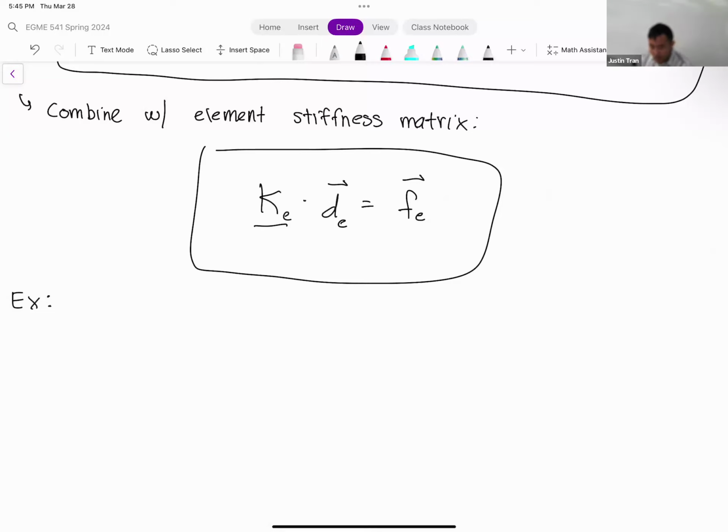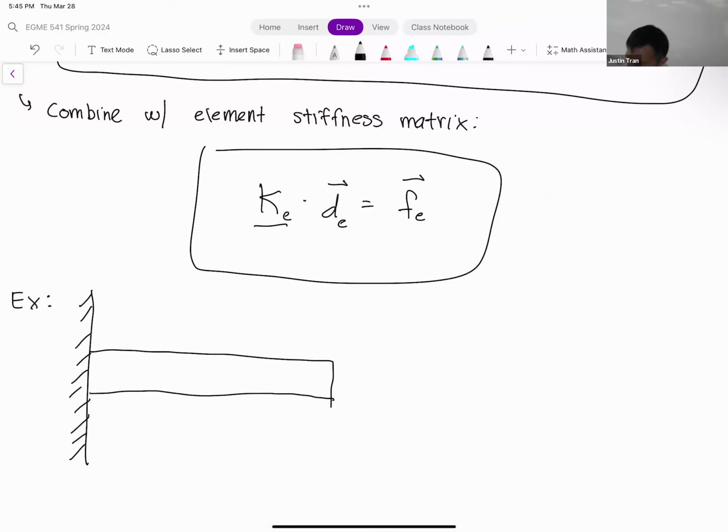Let's say that we're going to do a 1D elasticity example. We have our wall here, and we have a rod. The rod is going to be fixed to the wall at x equal to 0.